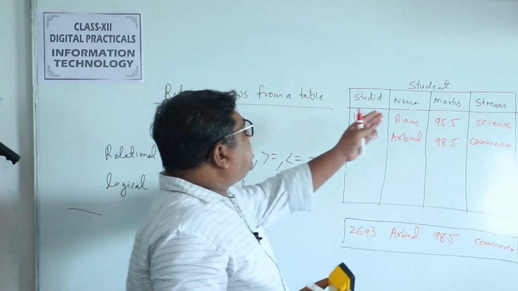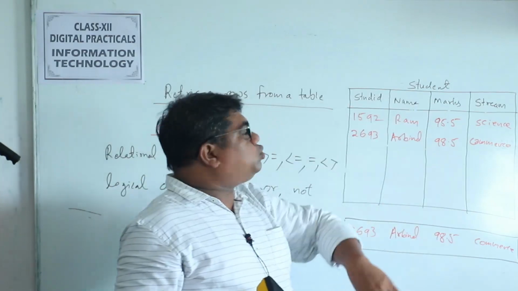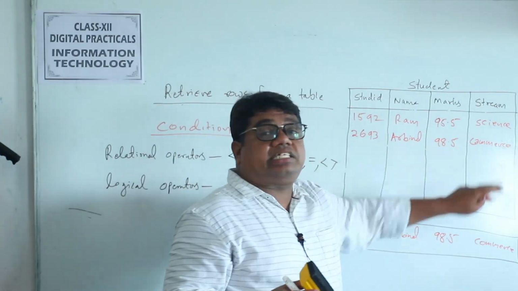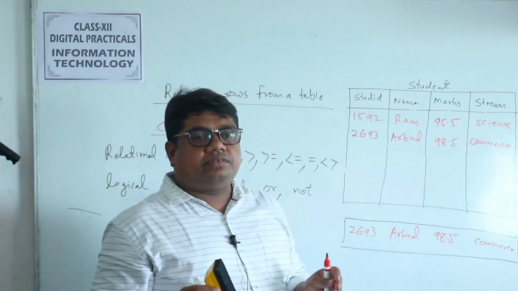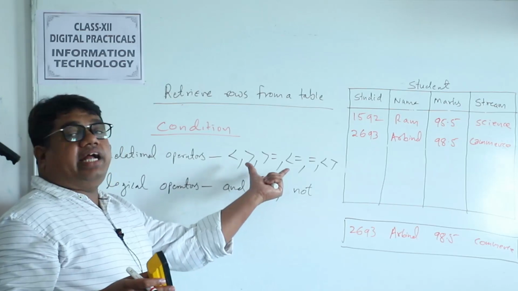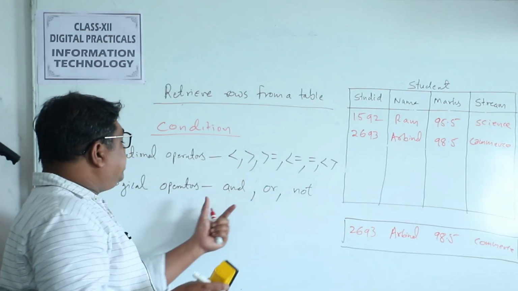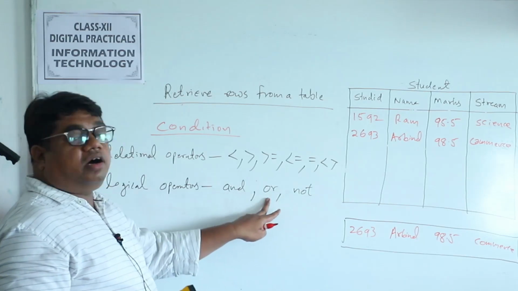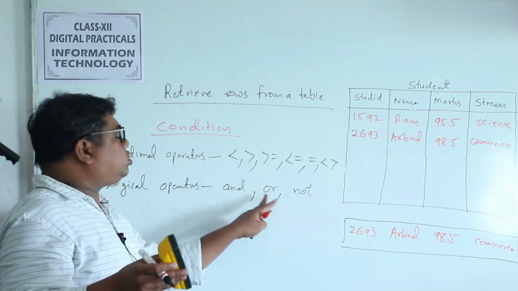Suppose I want to display the information of students whose marks are above 90 and stream is science. There are two conditions. I can use the relational operators to write the conditions, and to connect them we use the logical operators, AND or OR, based on the condition.